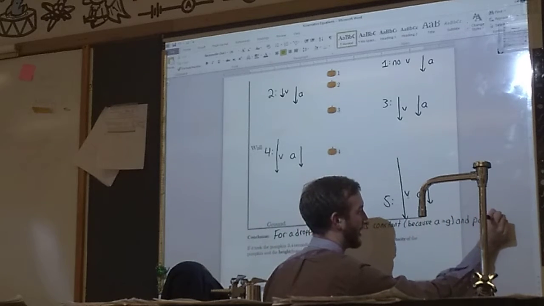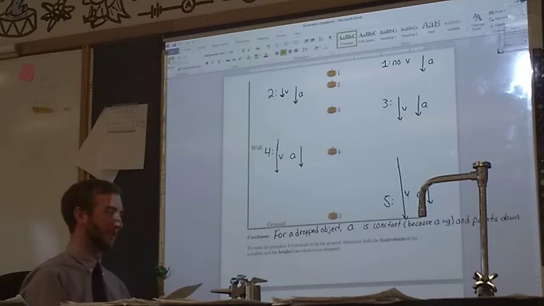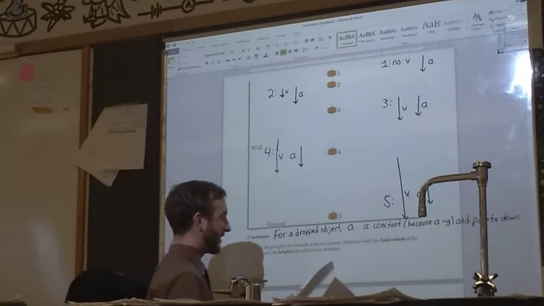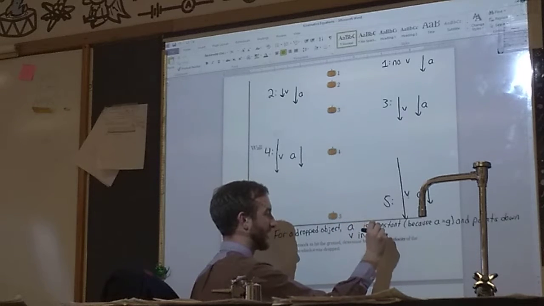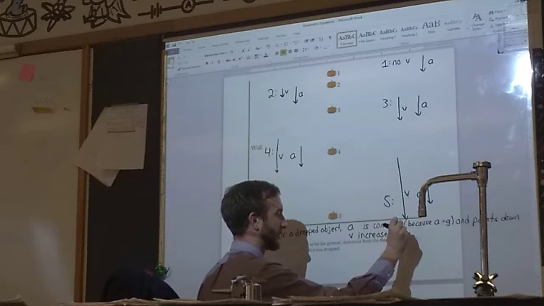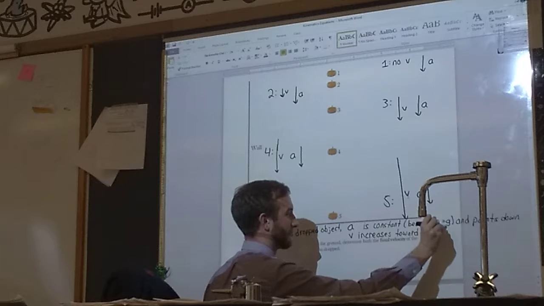In other words, the acceleration does not change as the object falls, and it is directed down. Remember, the acceleration is a vector. v, on the other hand, increases, it gets bigger as the object moves towards the ground, and v is directed toward the ground.